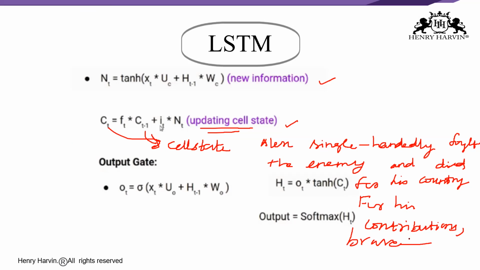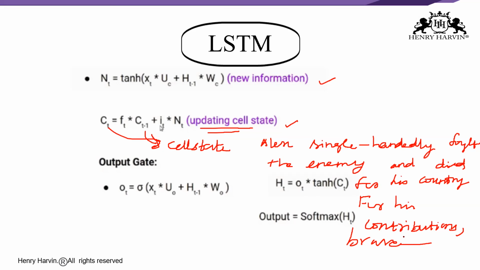The minute we see the word brave, we know that we are talking about that person, Alex. In the sentence, only Alex is brave. We cannot say that the enemy is brave or the country is brave. So based on the current expectation, we have to give a relevant word to fill in the blank.